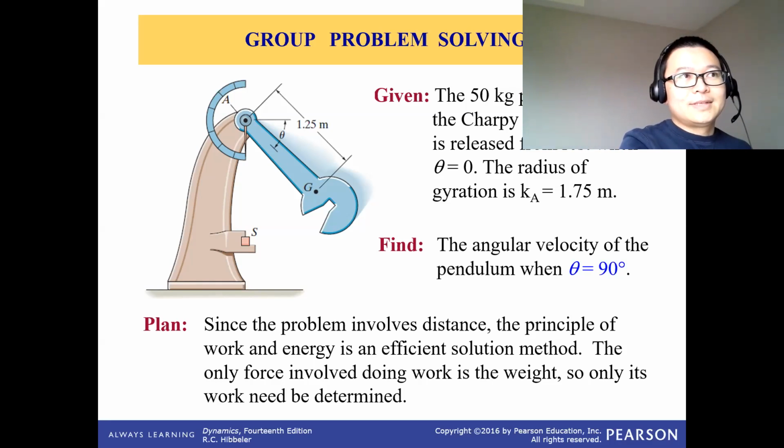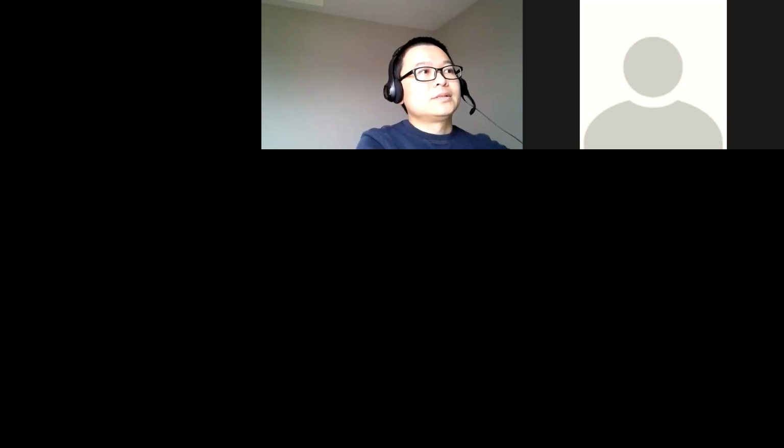Dr. Ho, I have a question on homework 11, on problem 5. It says to determine the rod's angular velocity at the instant when theta equals 40.